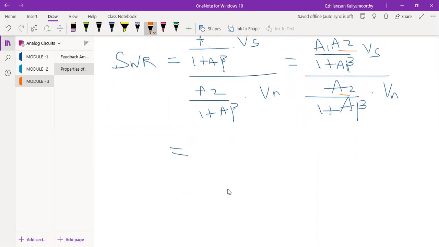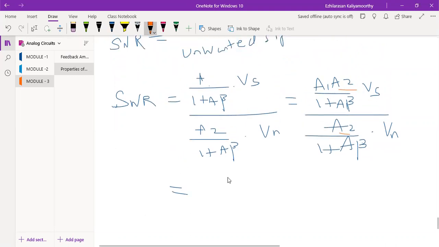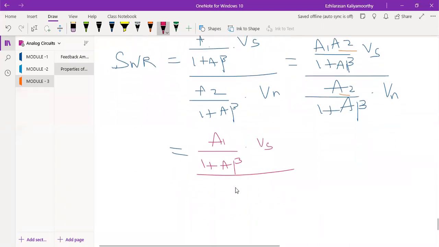Then the expression becomes A1 divided by 1 plus A beta Vs divided by 1 by 1 plus A beta into Vn.